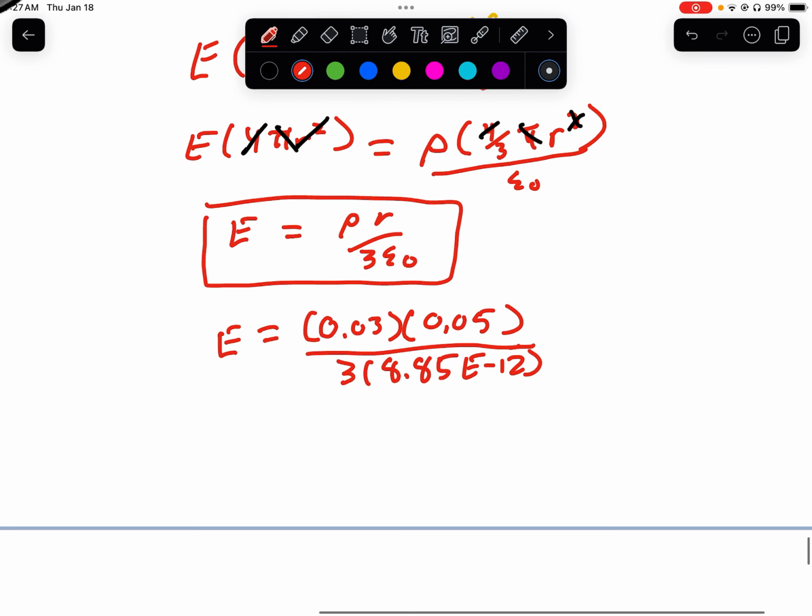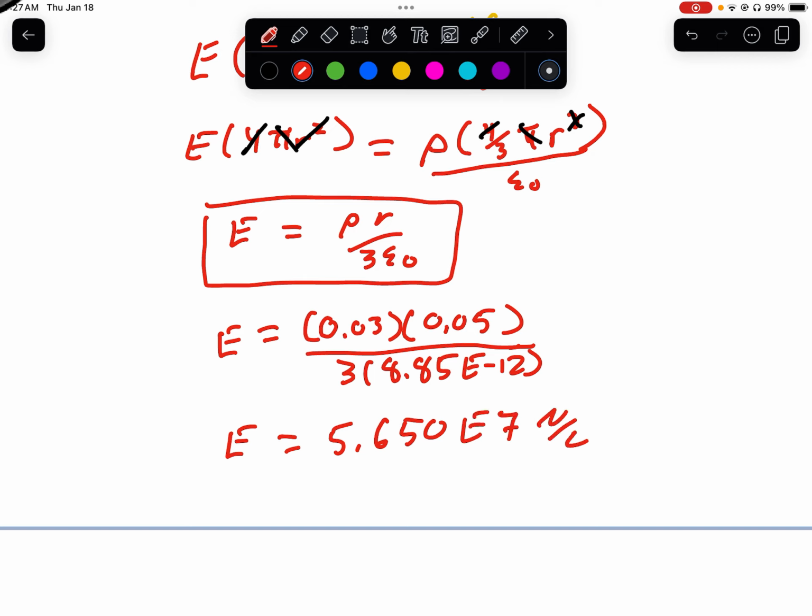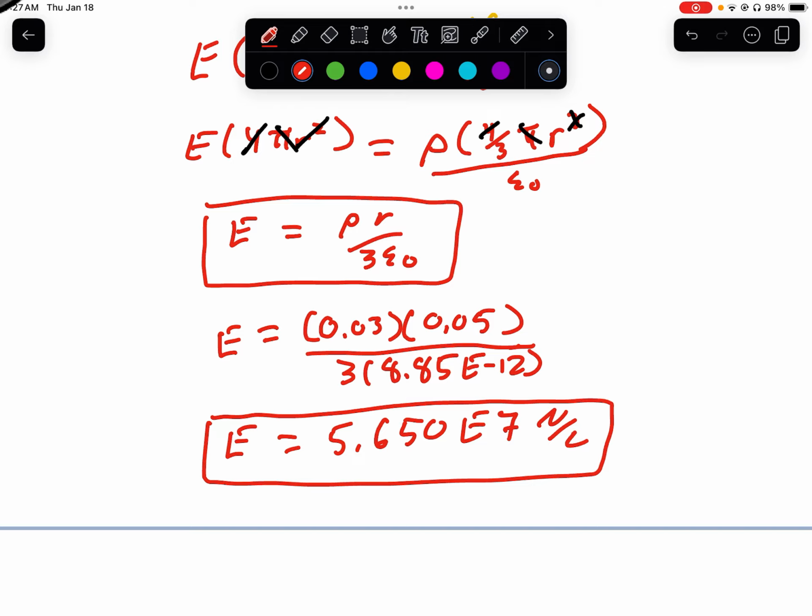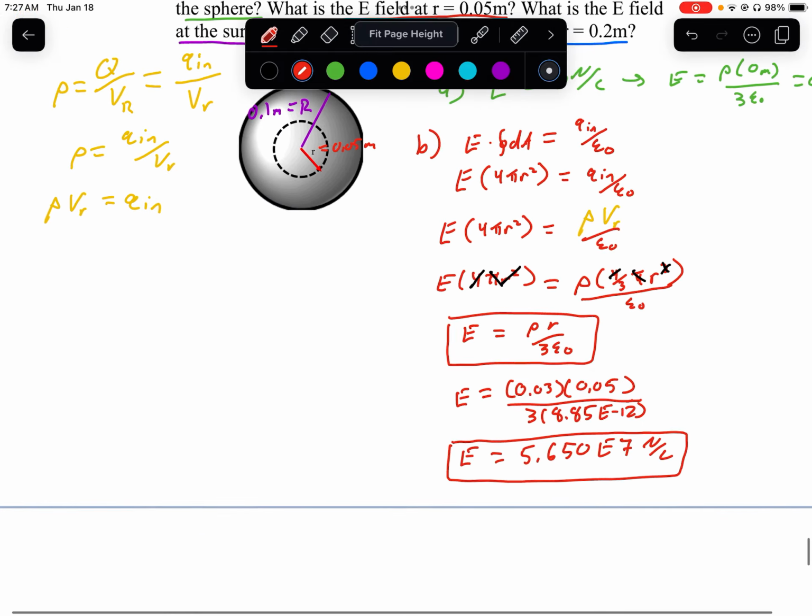We could go through and do the unit analysis, and we would see that the units do come out to newtons per coulomb. I challenge you to do that. That gives 5.650 e to the 7th newtons per coulomb. So it's like 56 million newtons per coulomb, which is actually a really big value, but for electric field we wind up getting really big values. So technically this is the answer, but I want to have that expression written down for us.